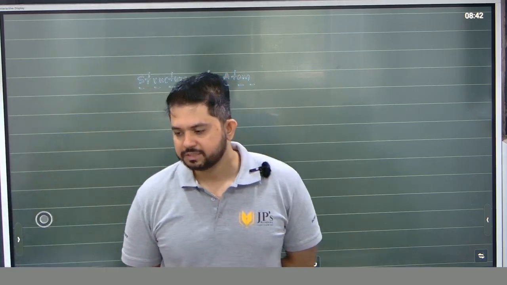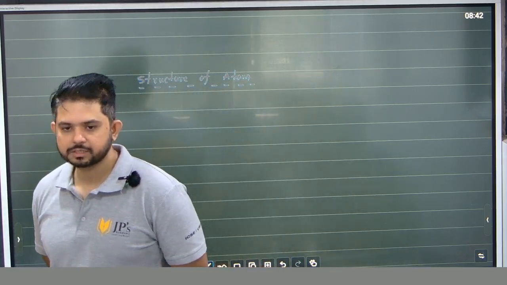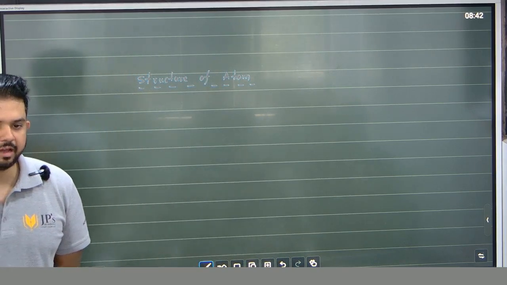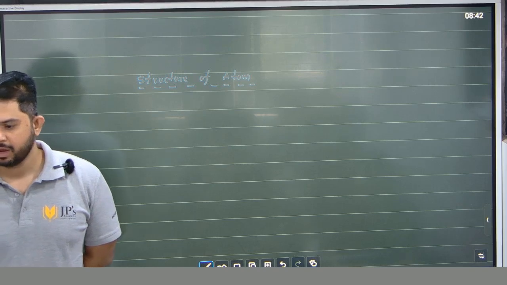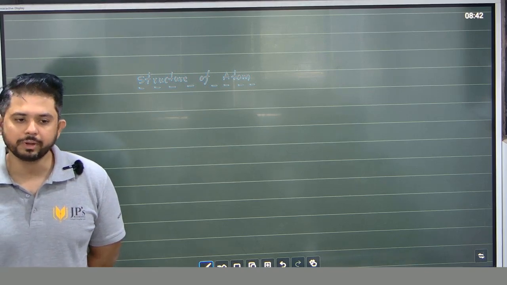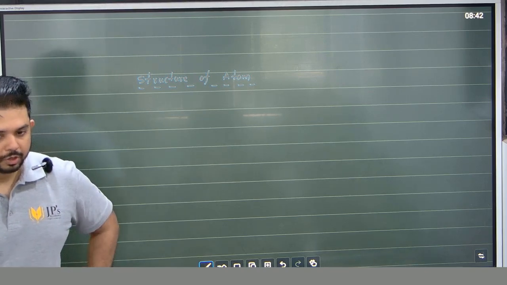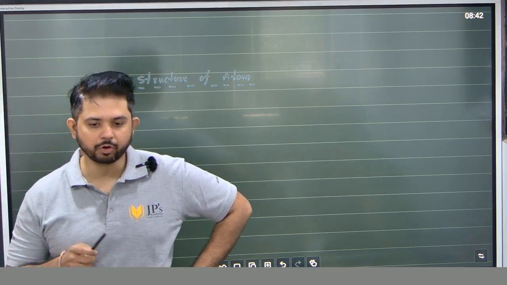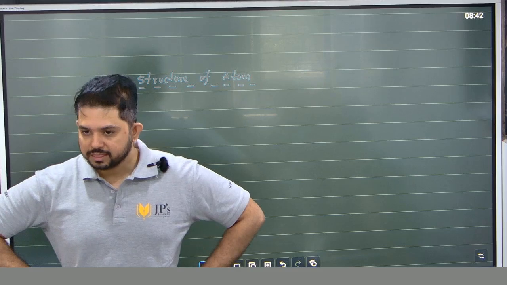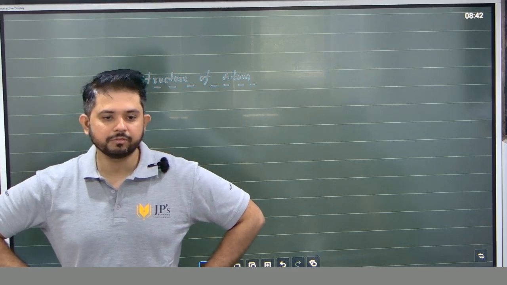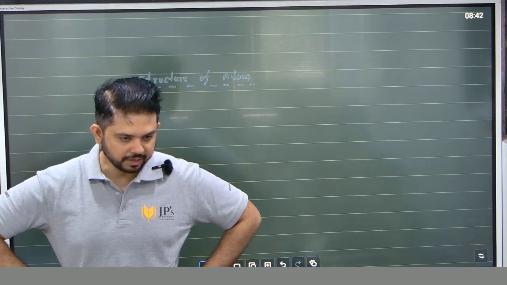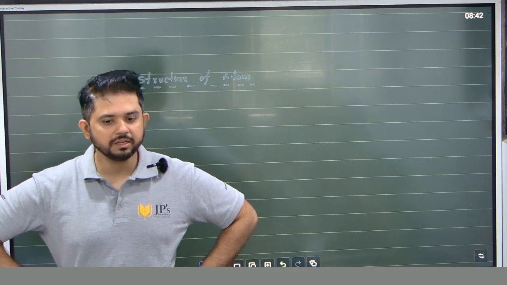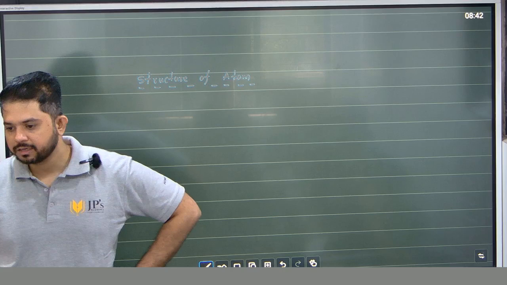The chapter is really important because the fundas that we have in structure of atoms, we're going to learn a new atomic model. We're going to learn new ways of writing electronic configuration. And this new pattern of writing electronic configuration is very important, especially from organic, inorganic.